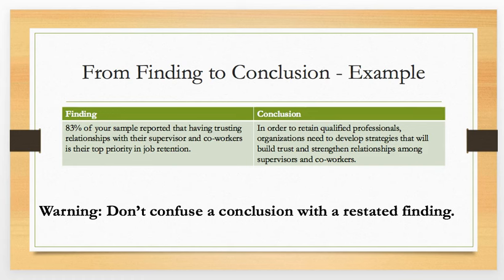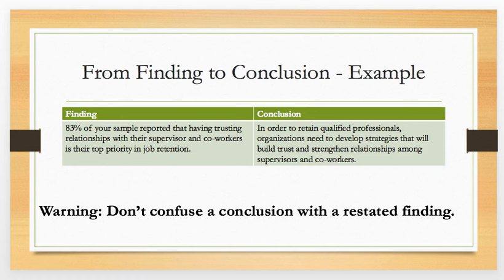Okay, so if the finding is 83% of your sample reported that having trusting relationships with their supervisors and coworkers is their top priority in job retention, then a conclusion based on the finding could be, in order to retain qualified professionals, organizations need to develop strategies that will build trust and strengthen relationships amongst supervisors and coworkers.